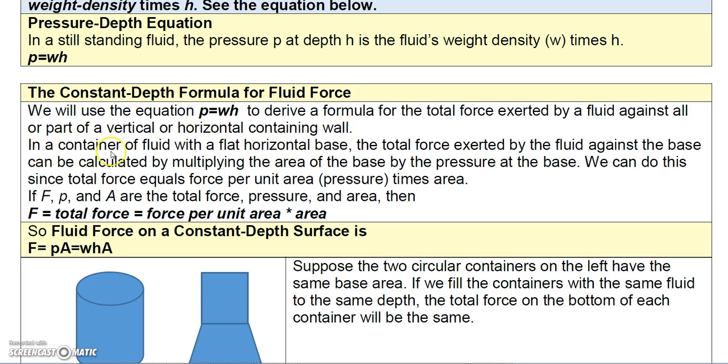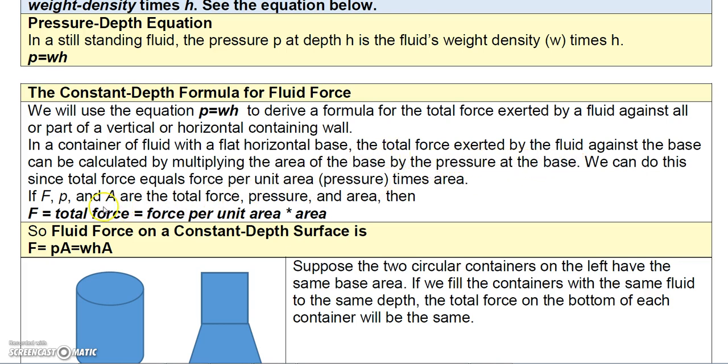In a container fluid with a flat horizontal base, the total force exerted by the fluid against the base, so we're talking like a soda bottle and the contents, the pressure on the bottom of the bottle, can be calculated by multiplying the area of the base by the pressure at the base.